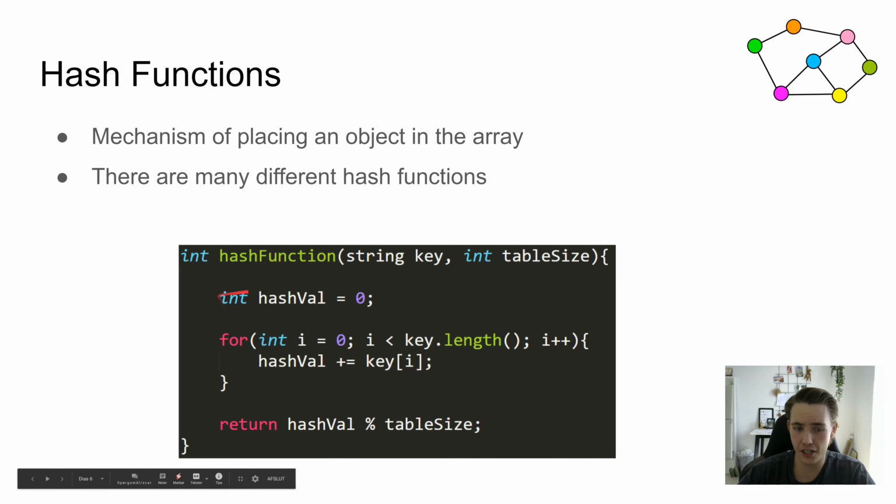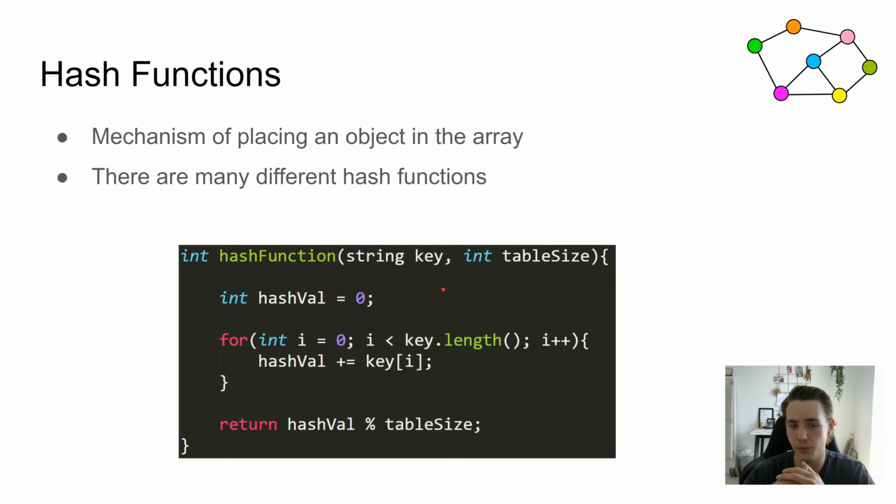First we have our hash function, and we give it the key, which in this case is a string. And then we also have to give it the table size, the size of the table, that has to be a prime number. Then we have a local temporary variable called hash val.